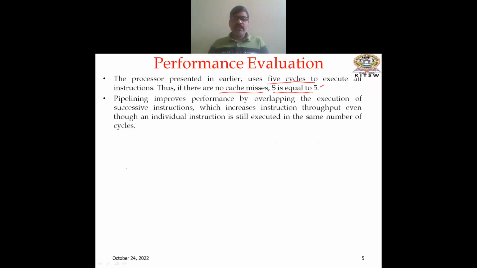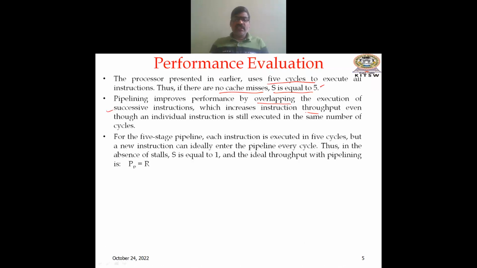Pipelining always improves performance by overlapping the execution of successive instructions, which increases the instruction throughput even though an individual instruction is still executed in the same number of cycles. For this 5-stage pipeline, each instruction is executed in 5 cycles, but a new instruction can ideally enter the pipeline during every clock cycle.